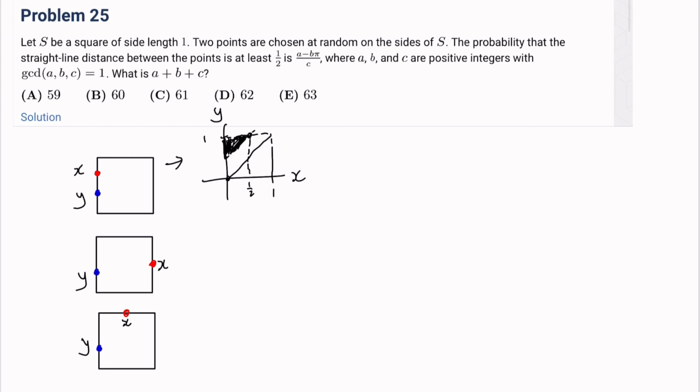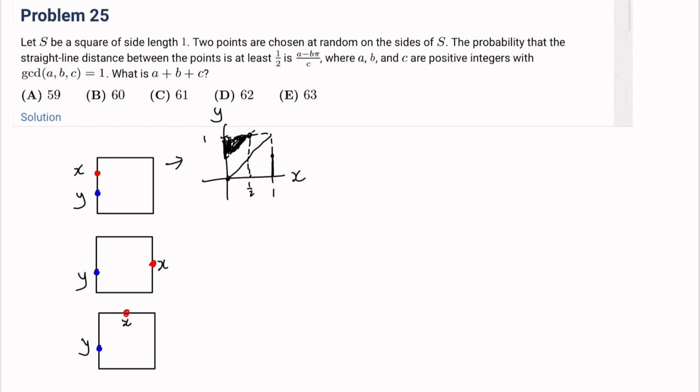But when x becomes greater than 1/2, then y can be below x, right? And so y can come here, and as x increases, when x equals 1, y can be anywhere from 0 to 1/2, right?